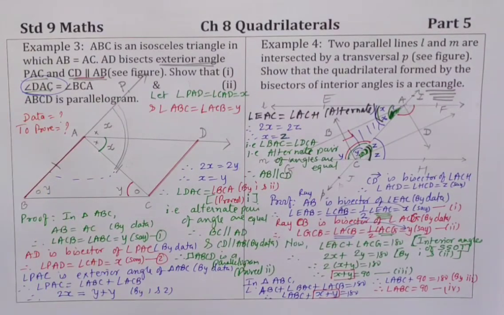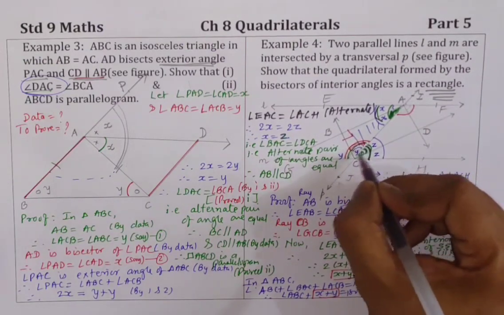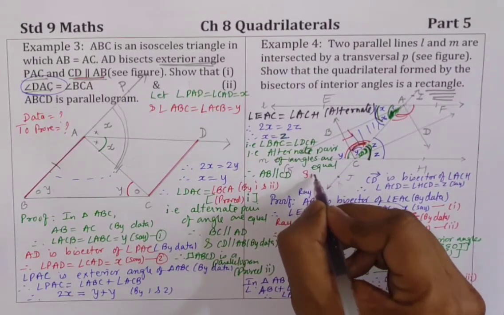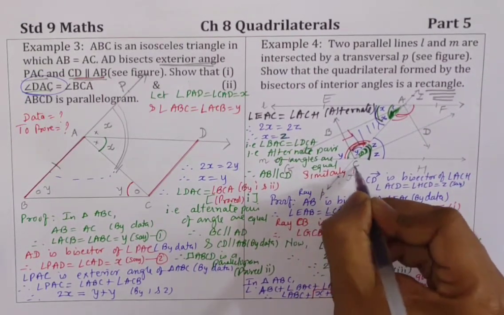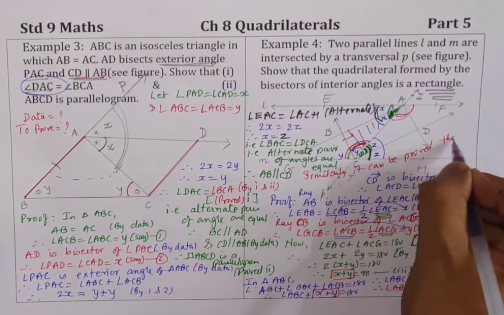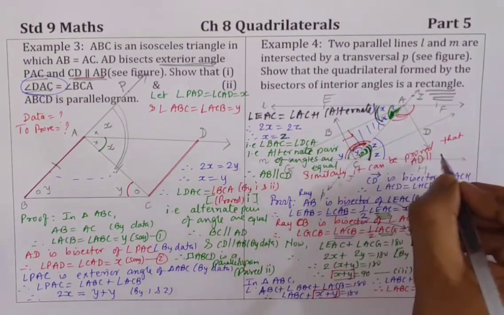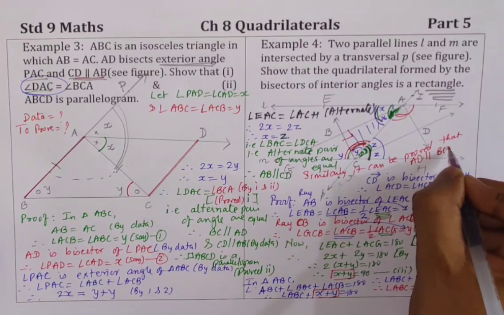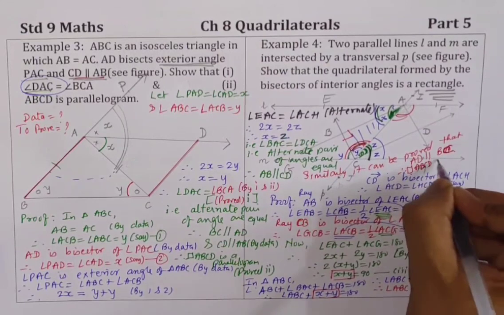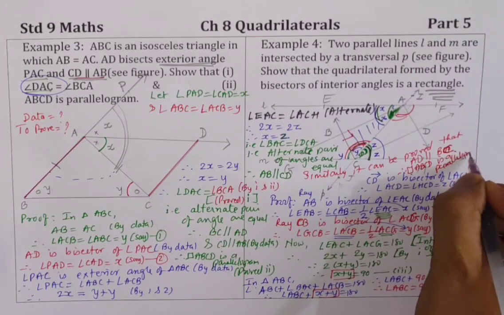Children, अब देखो, उसी तरह you can prove this. आपको ये एंगल और ये एंगल इक्वल मिल जाएगा. हम सिमिलरली लिख देंगे. Similarly, it can be proved that yes, AD is parallel to BC. AD is parallel to BC. Therefore, quadrilateral ABCD is a parallelogram.